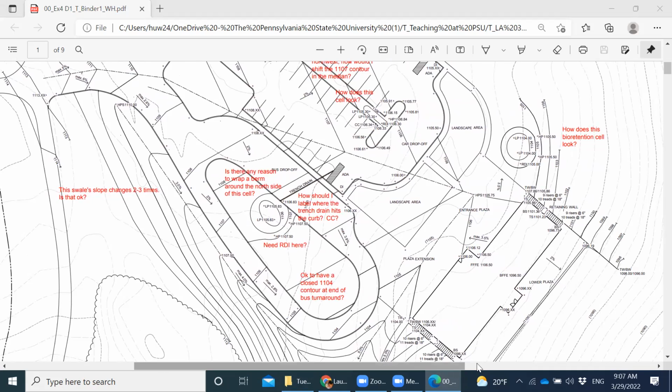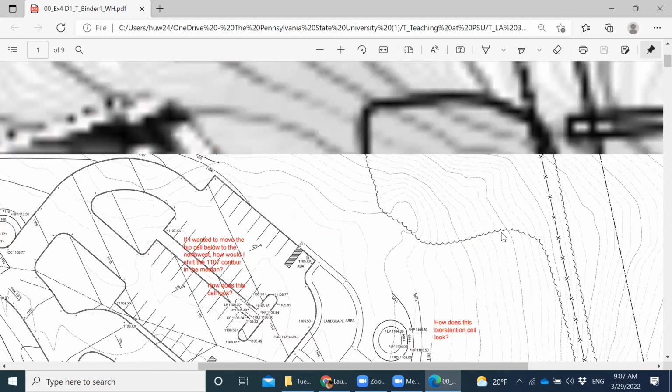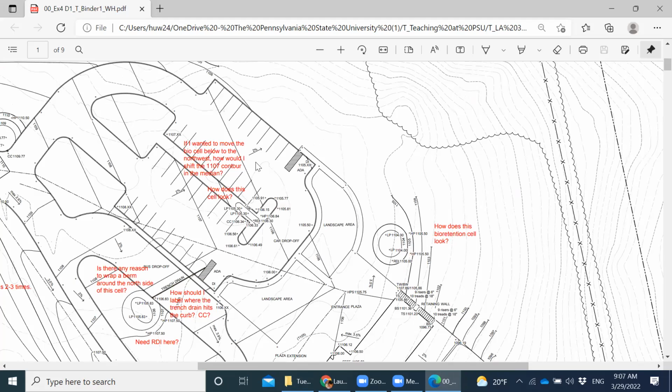Okay, so that's all the questions here. No other ones. All right, let's start from this one. If I wanted to move the biocell below to the northwest, meaning here, this one needs 1, 2.